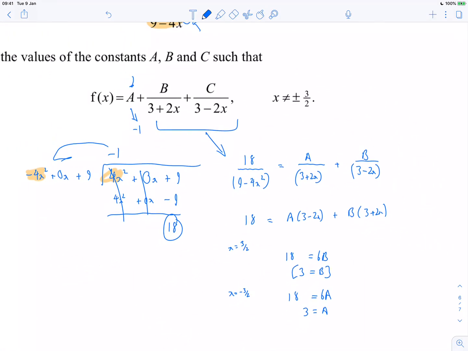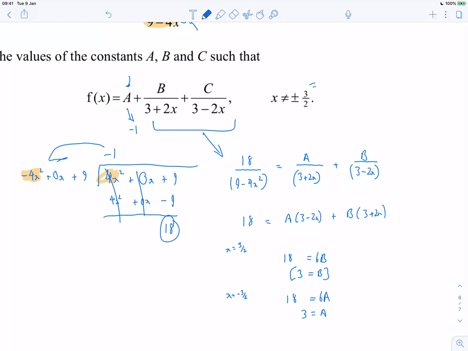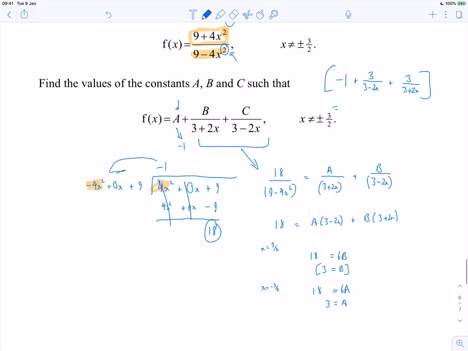So in actual fact, this whole thing will boil down to minus 1 plus 3 over 3 minus 2x plus 3 over 3 plus 2x. Lovely jubbly.